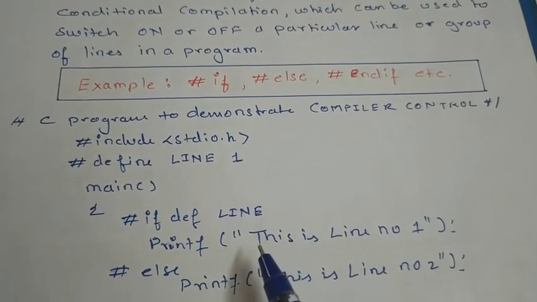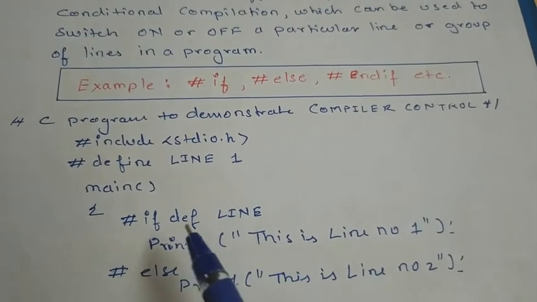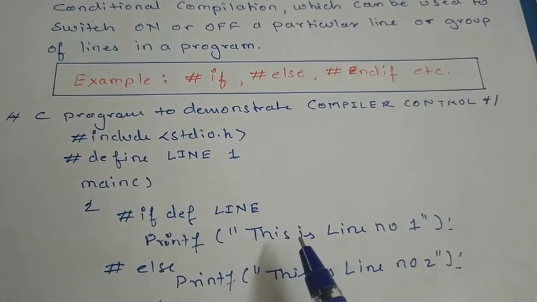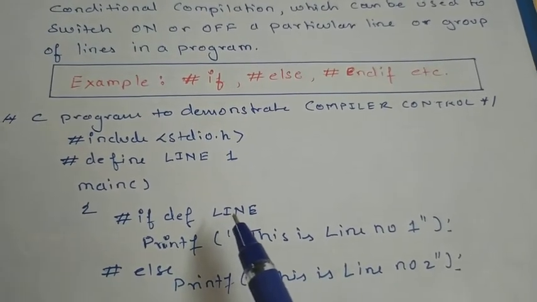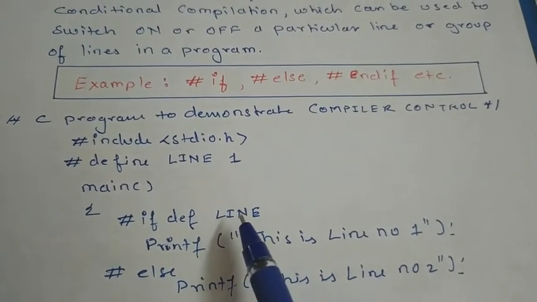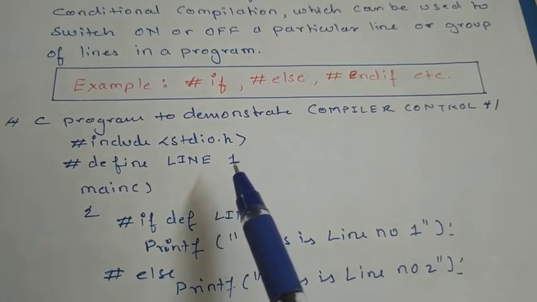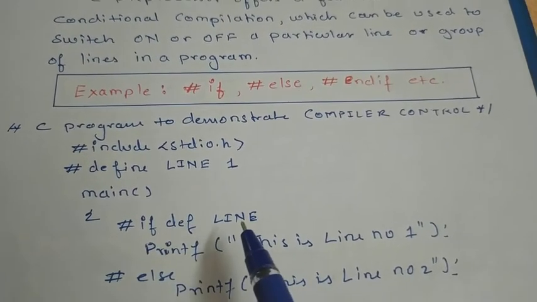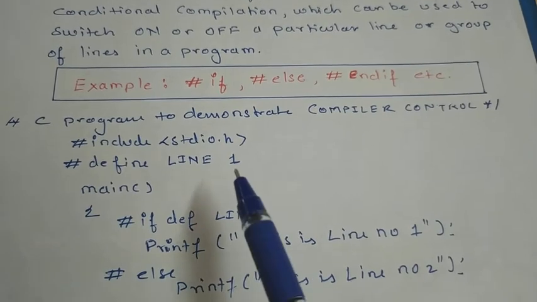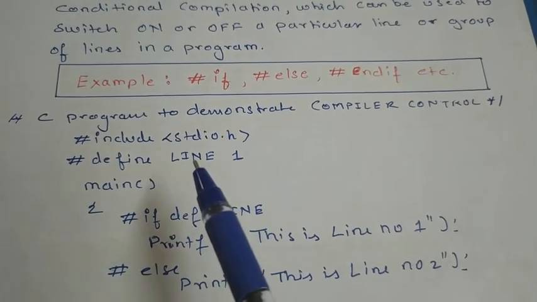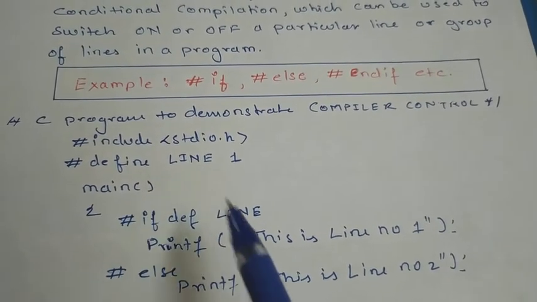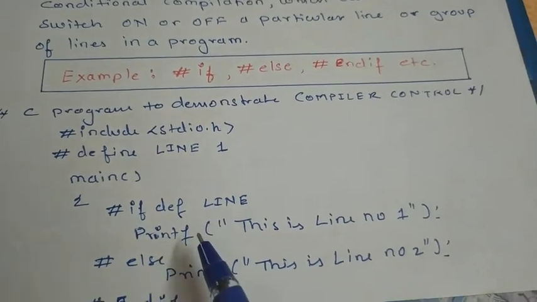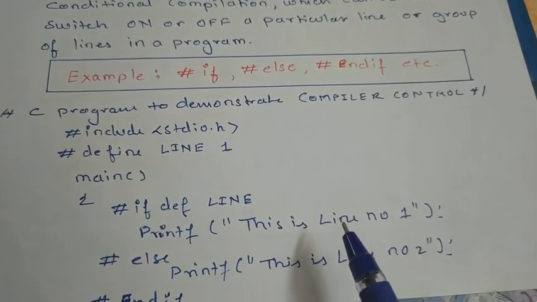So the printf after this ifdef LINE gets executed only when the condition is true. So here the condition is true as we have defined LINE as 1. So it is true, so this printf statement gets executed.